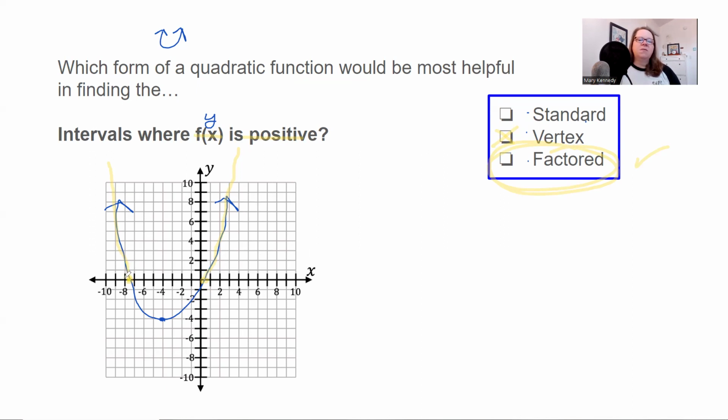So that means the interval where I have y values that are positive is anything less than this negative 7 point whatever that x-intercept is, and also anything greater than whatever that point is, positive 0.5 or something like that. Those are going to give me y values that are positive numbers.